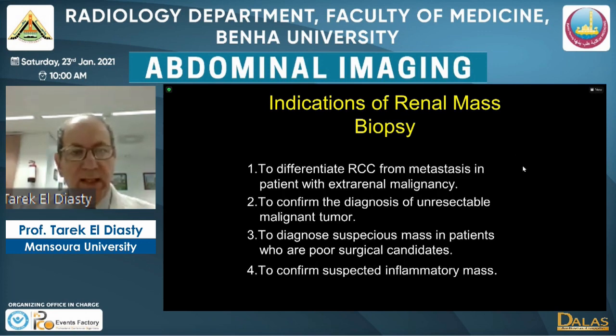The established indications are to differentiate renal cell carcinoma from metastasis in a patient with extra-renal malignancy, like a patient with bronchogenic carcinoma presenting with a renal mass.